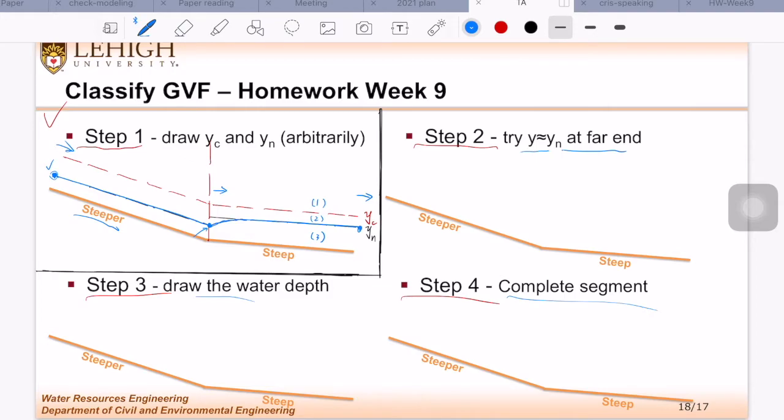So this is the S3 curve. So now we have finished this problem.